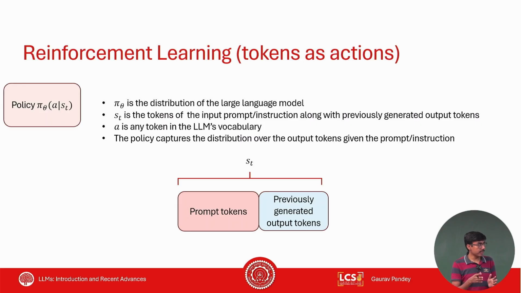The state, S_t, as we have discussed already, is the tokens of the input plus whatever output tokens have been generated so far. And the action can be any token from the vocabulary. And the policy is just a distribution over the actions or the tokens of the vocabulary.